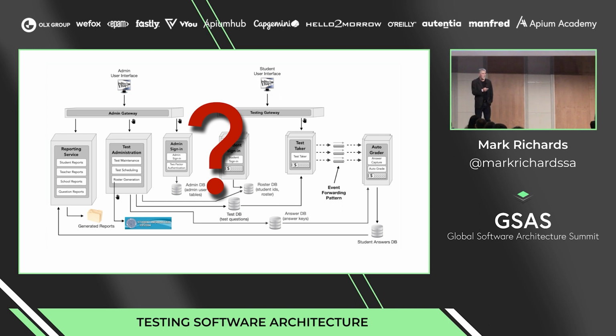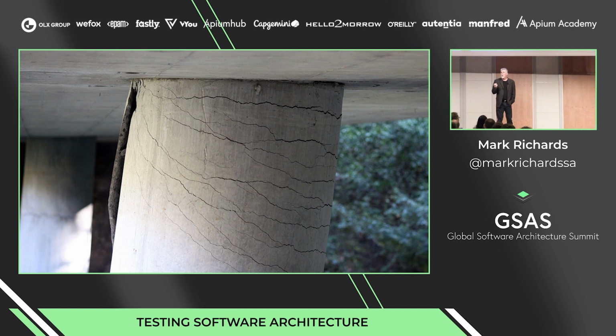When we test architecture, as opposed to the functionality, essentially what we are looking for are elements of structural decay. Walk around the city or your country and take a look at these big pylons holding up the highway bridges. Take a close look at them, or any kind of building, and you'll see some cracks.